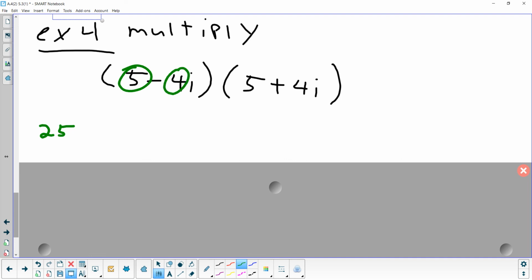And what are we going to do with that? Square it. Add them up. Done. That's the answer to the whole problem. 41. Again, if you want to FOIL it out each time, 5 times 5, 5 times 4, you can, but you're going to end up with 41. When we have to do multiplying conjugates together, I'm going to use the shortcut because it's quicker.